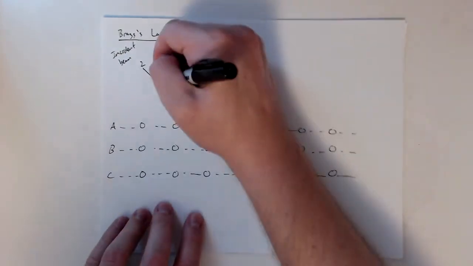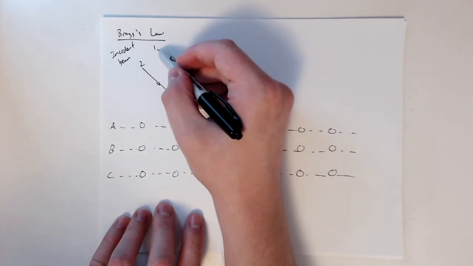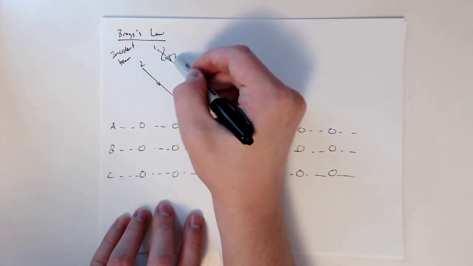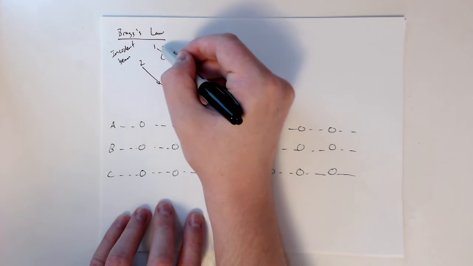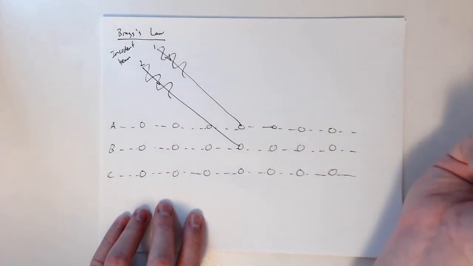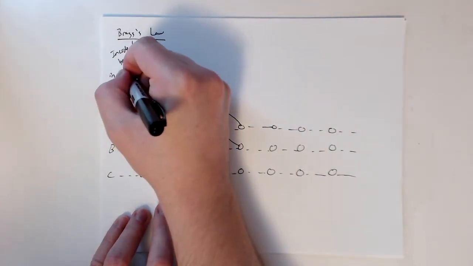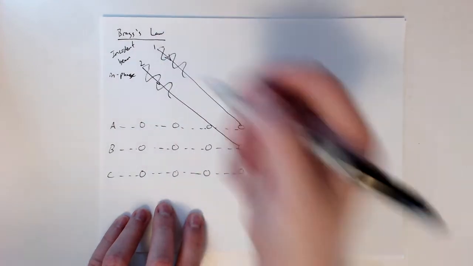When we're talking about the incident beam, it is always going to be in phase, right? So the peaks and valleys match up. In phase.